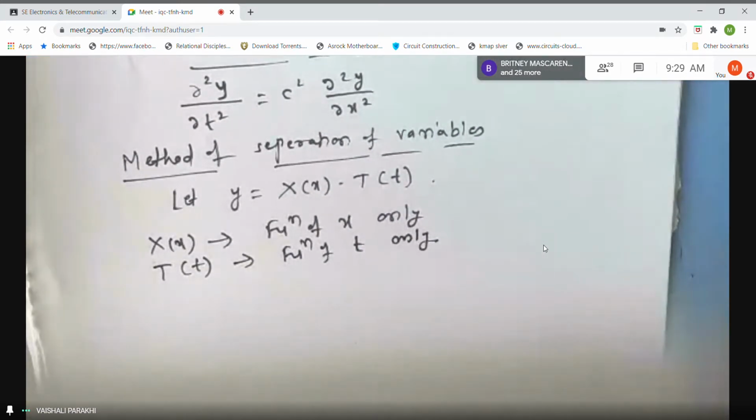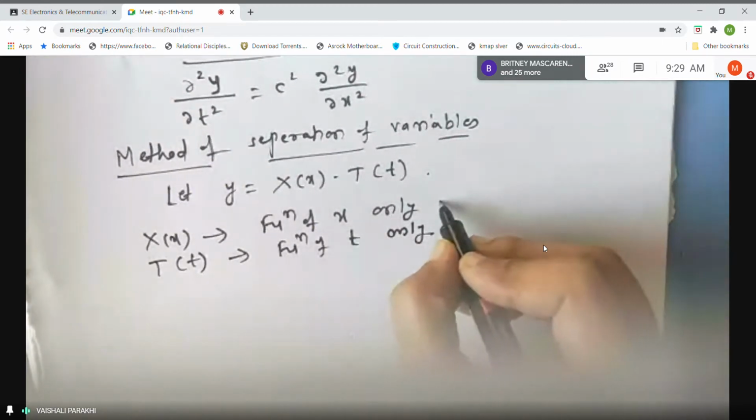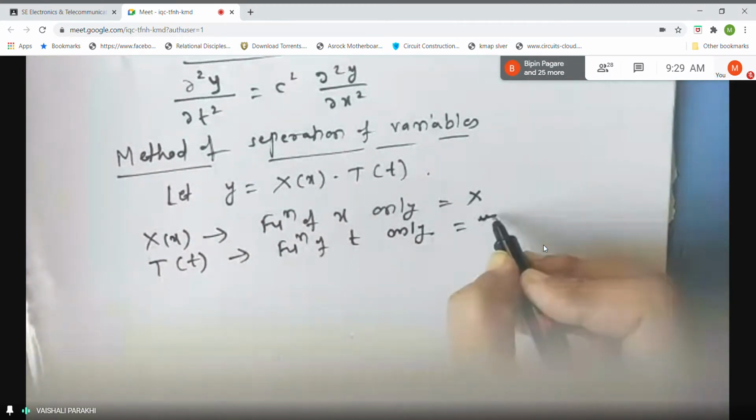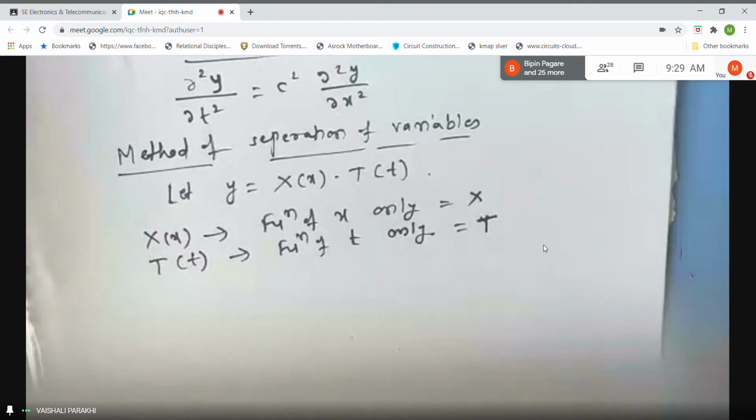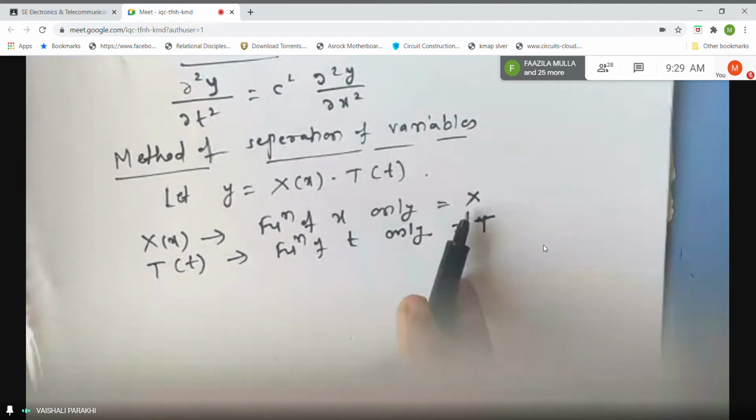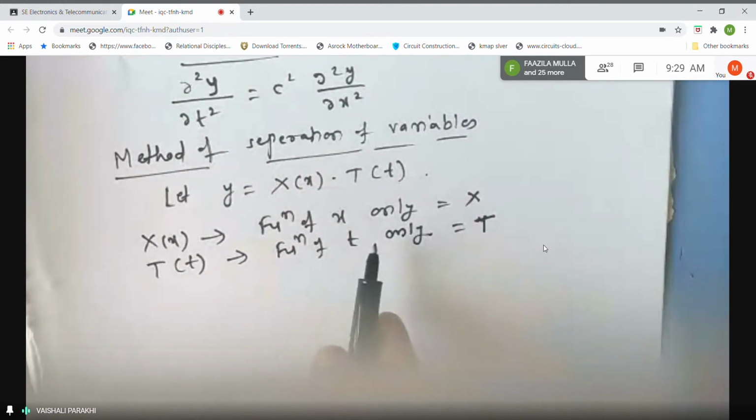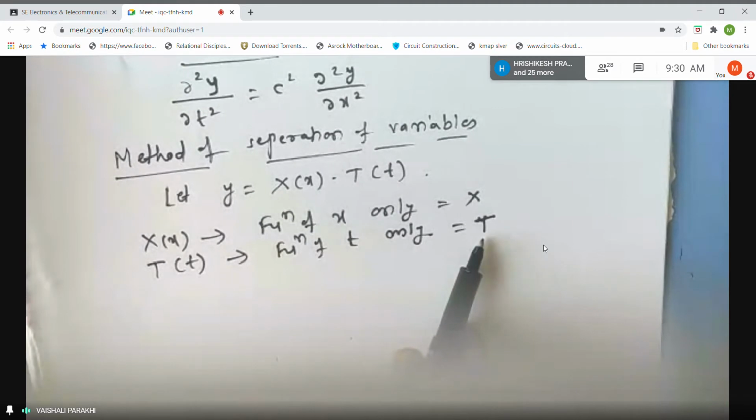So we can denote it by capital X and capital T for our convenience. So whenever I am using the letter capital X, you have to understand that it is a function of small x only. There are no mixed variables. And when I say capital T, it is a function of small t only.